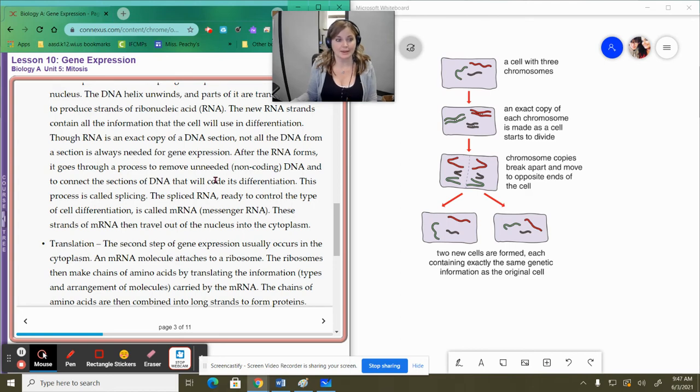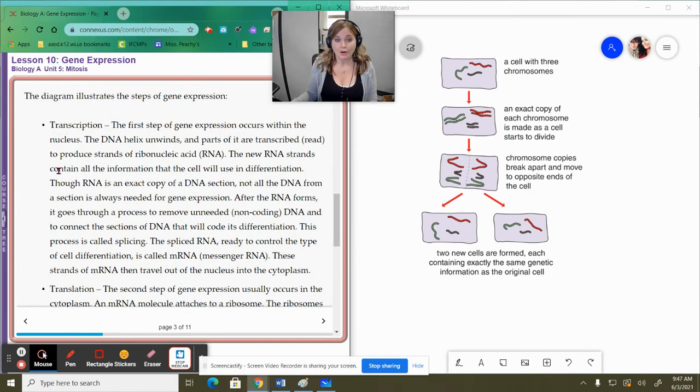He spent a whole lesson talking about it as well. Just recall that transcription takes place in the nucleus, and this is the part where the DNA is unzipped, and then part of the DNA, one side of it, is the template from which messenger RNA is made. That part is called transcription.